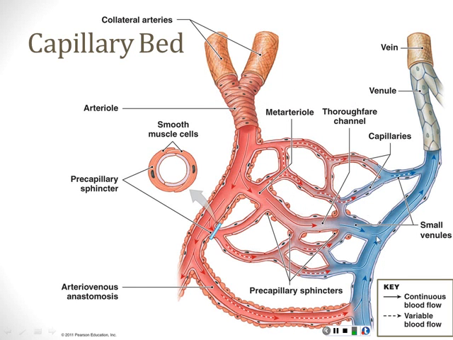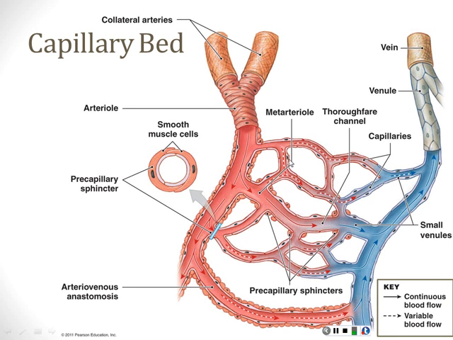The capillaries come back together to form venules. These are venules right here. And then eventually they're going to join up with a vein up here. So the venules join together to make a vein. Now, because our capillary beds aren't used all the time, there still has to be a way for blood to get from here over to here without passing through this.